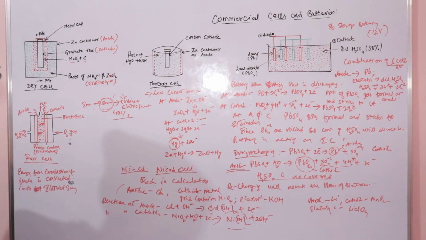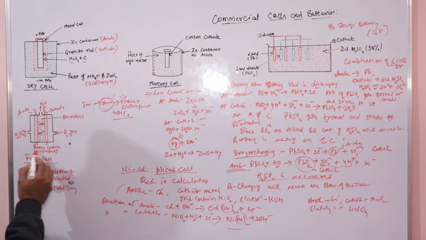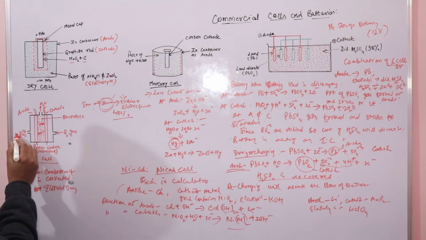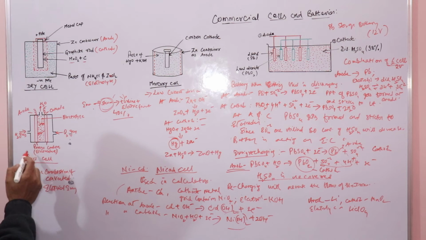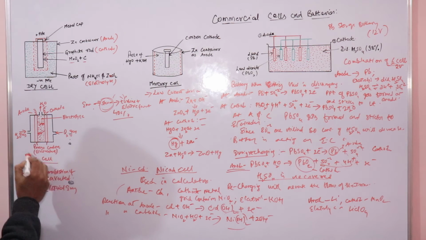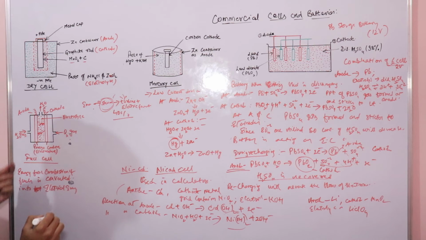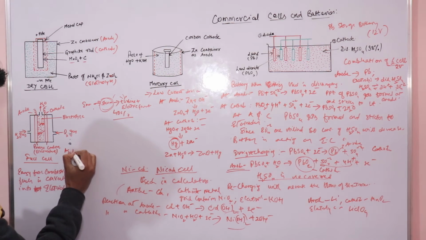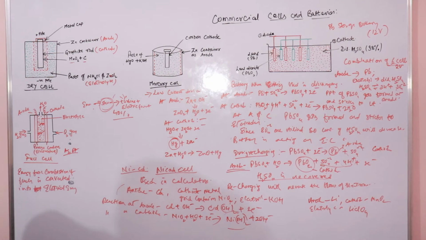So this is a container. This is a fuel cell, which has porous carbon electrodes that contain a catalyst of silver and platinum, which are costly metals.